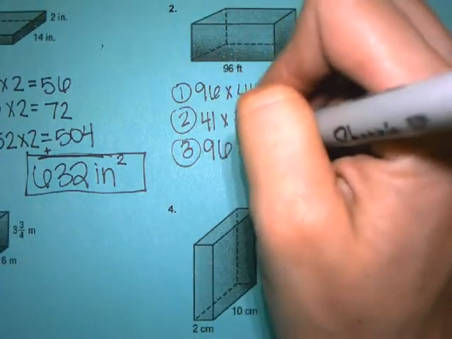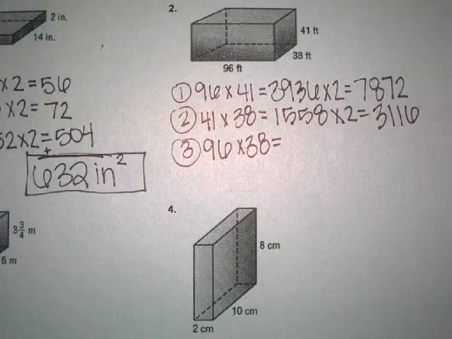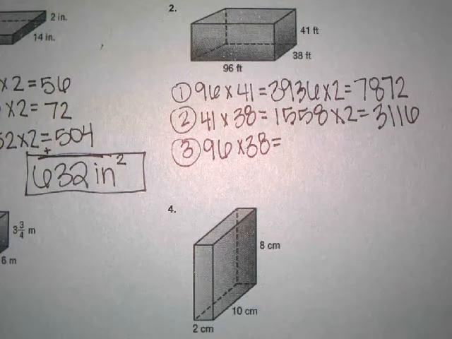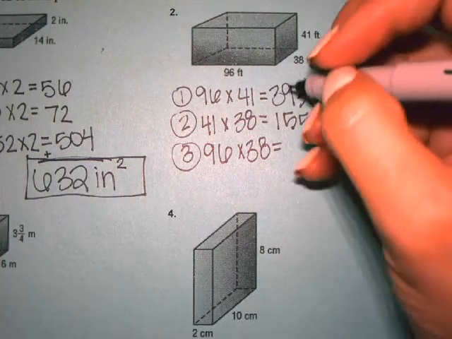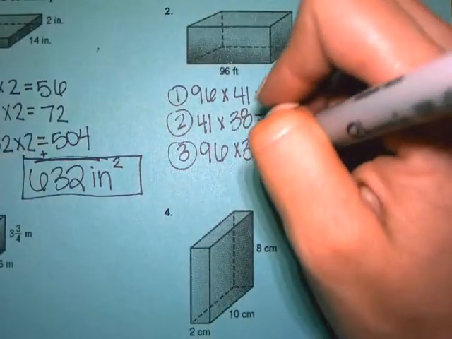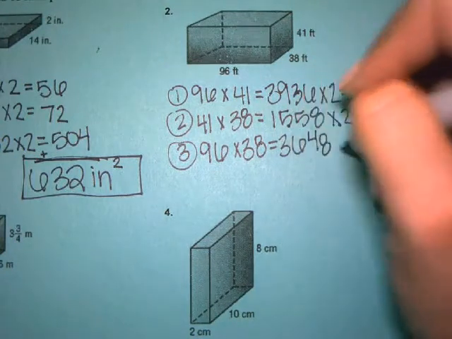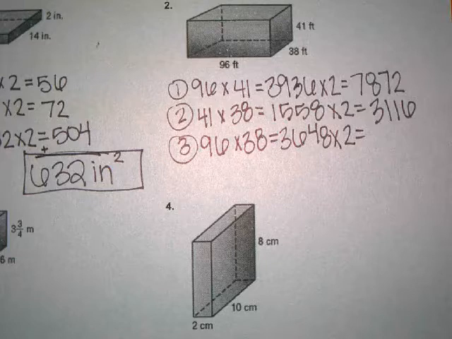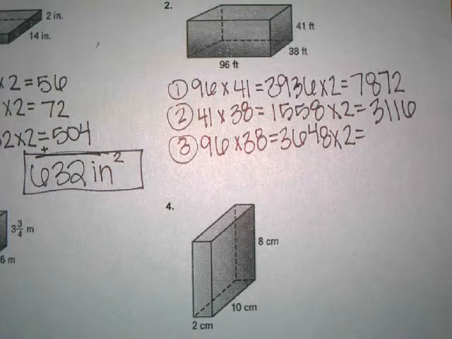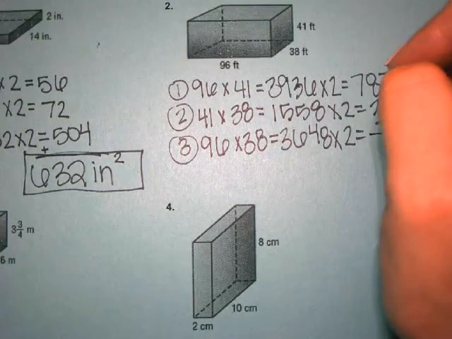96 times 38. What do we get, everyone? 3,648. And what do we do now? Times it by 2. What do we get, everyone? 7,296.